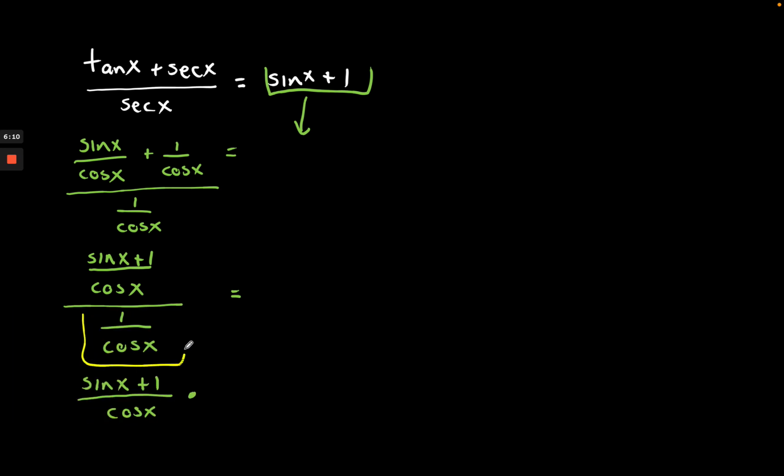We're going to multiply times cosine x over 1. So that means now my cosines are going to cancel. Now I have on the left side sine x plus 1, and that equals on the right side sine x plus 1. And we're finished.